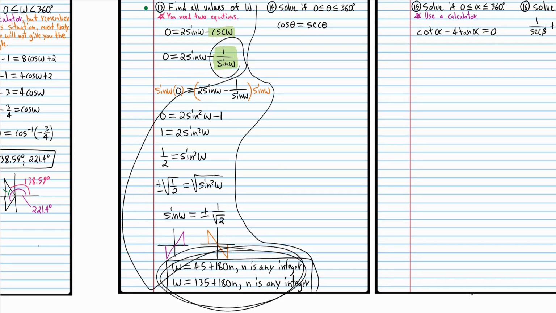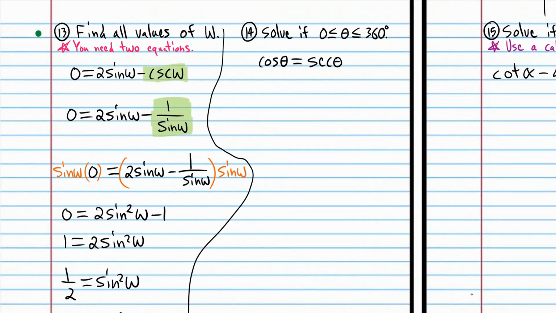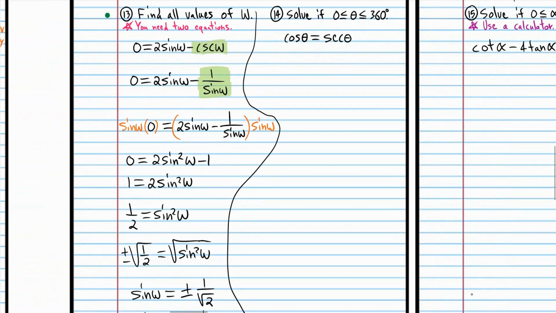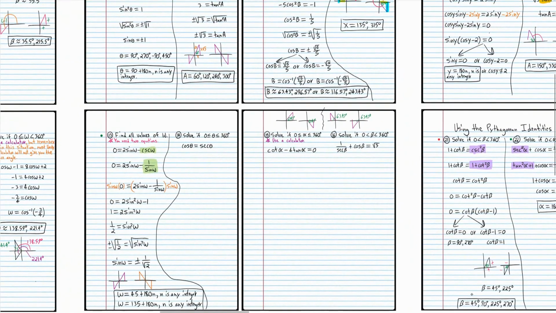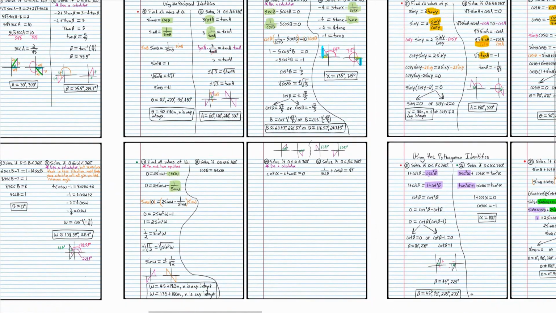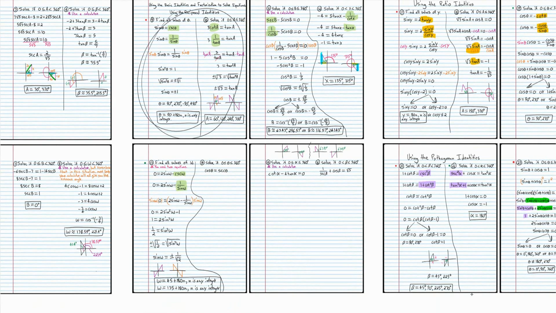Only quadrantal angles will give us problems. So 0 degrees, 90, 180, so on and so forth. Okay, go ahead and try number 14. You can use number 9 and 10 to help you with 14, and when you come back, we'll do it together.